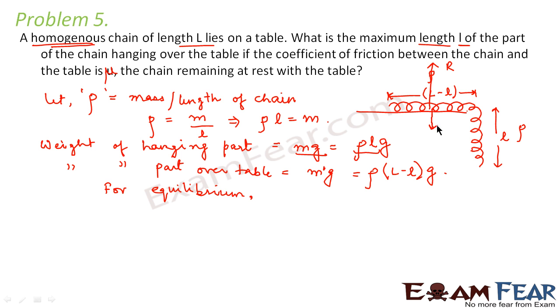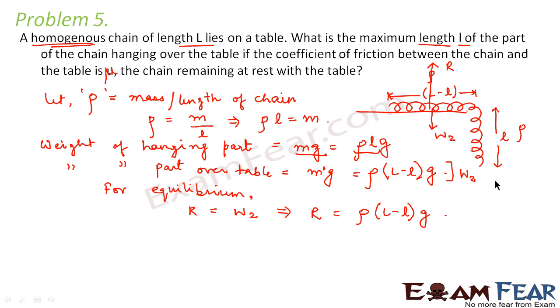At the same time, the weight which we calculated here, let us say W2, acts downward. For equilibrium, because there is no motion in the vertical direction, R is equal to W2, or R is equal to rho into capital L minus small l into g.